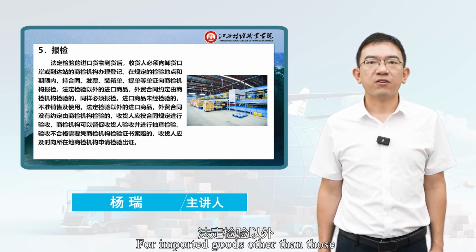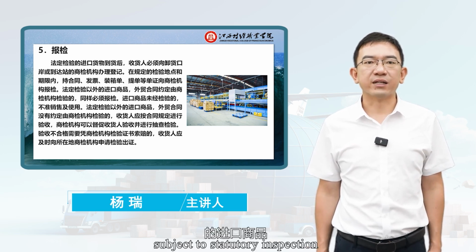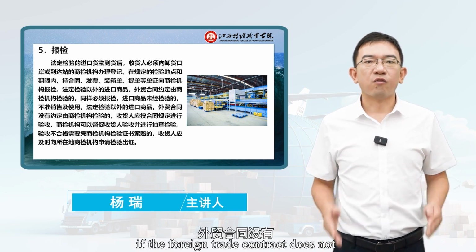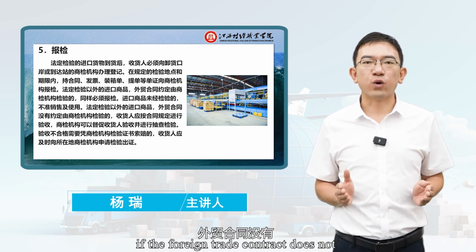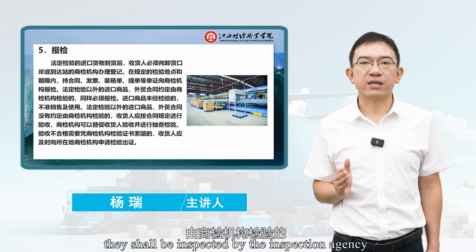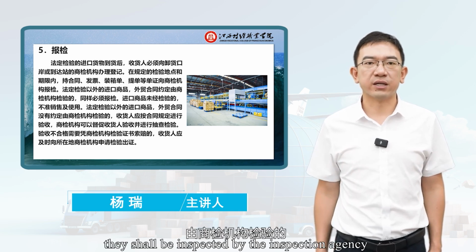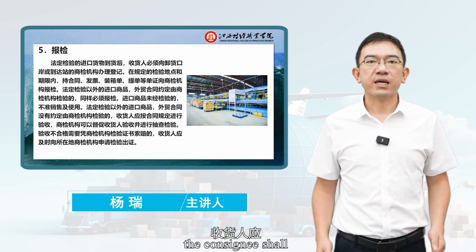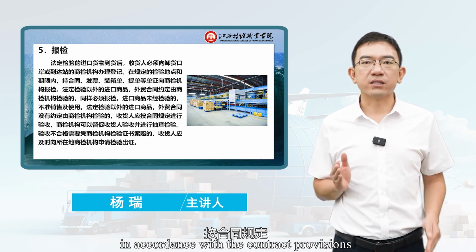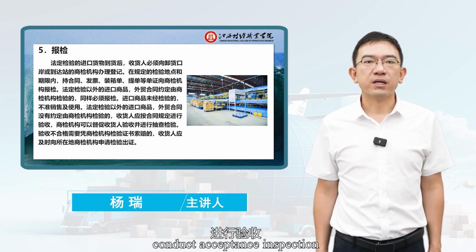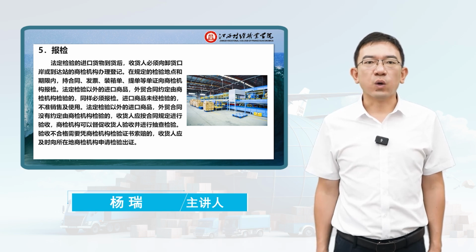For imported goods other than those subject to statutory inspection, if the foreign trade contract does not stipulate that they shall be inspected by the inspection agency, the consignee shall, in accordance with the contract provisions, conduct acceptance inspection.